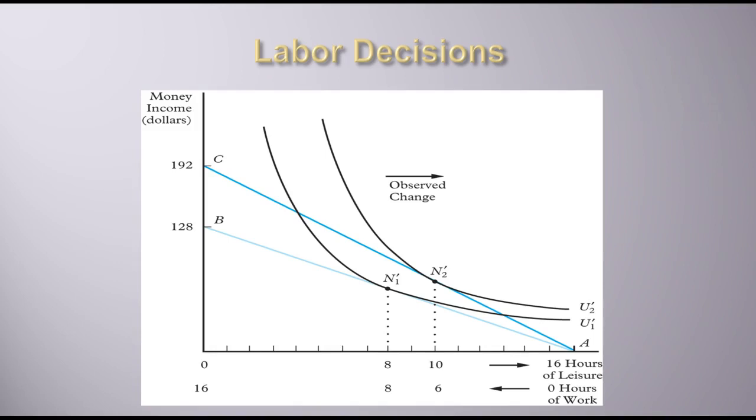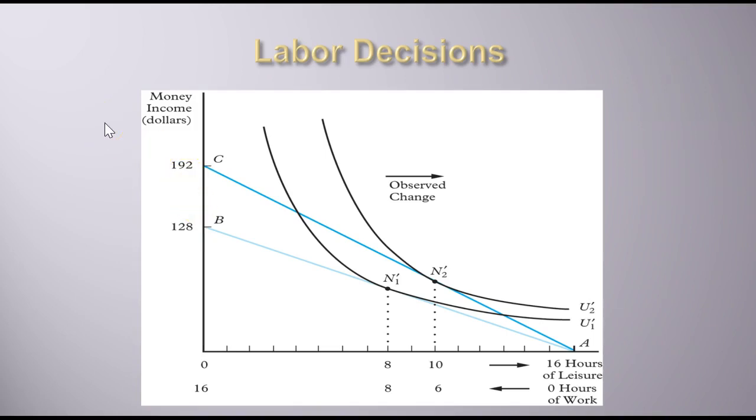And there's going to be a substitution effect because it's now costing you more to take leisure time. And so there's two possible ways it could happen. The first is that, let's say your pay goes from $8 an hour to $12 an hour.